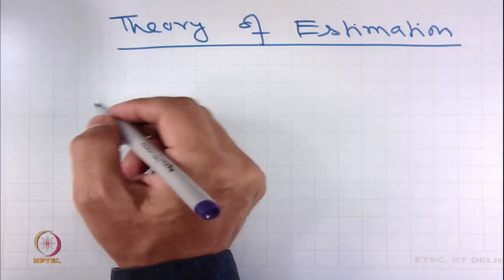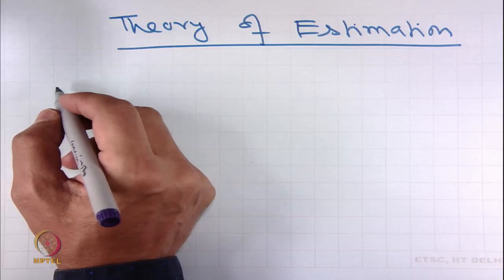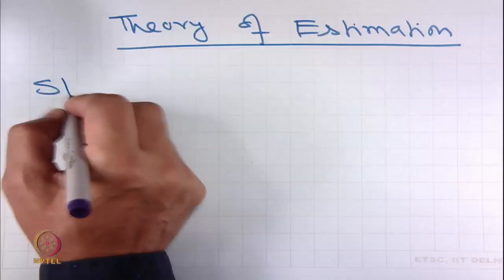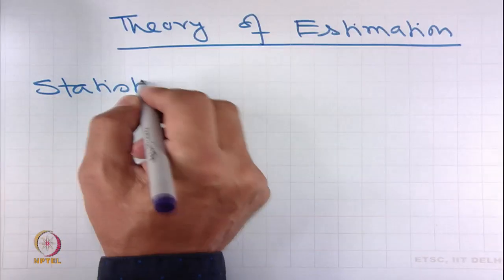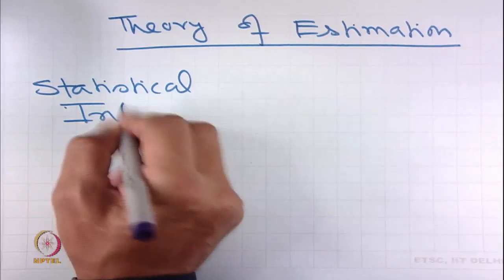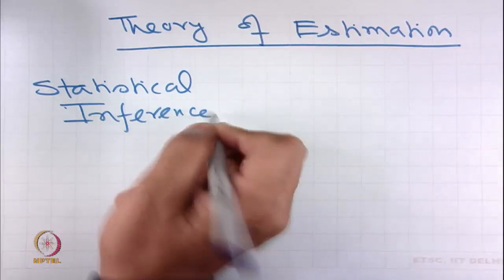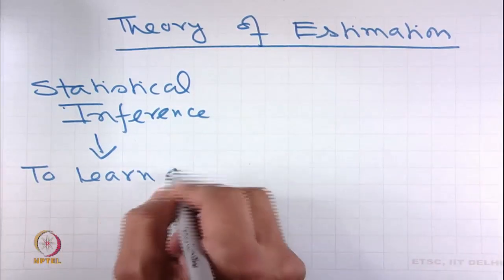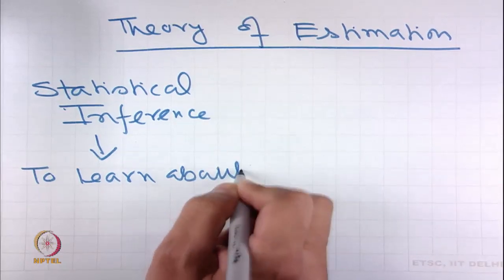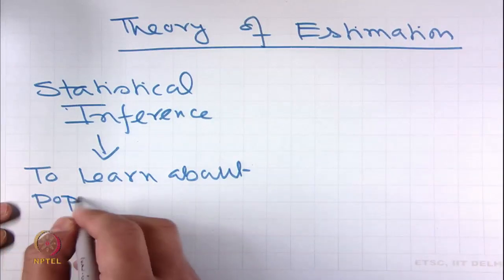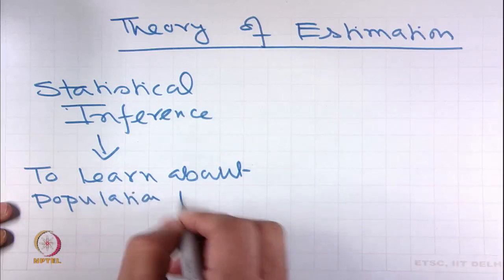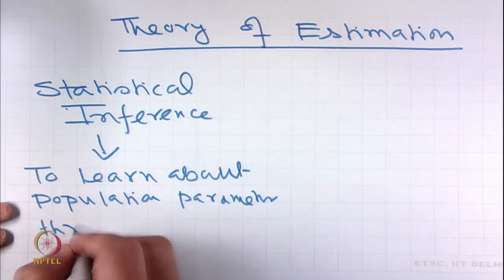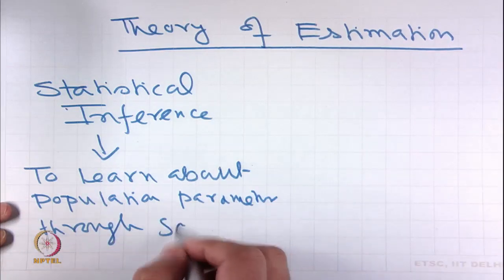As I told you in my earlier classes, the most important aspect of statistics is statistical inference, to learn about the population parameter with the help of sample statistics.